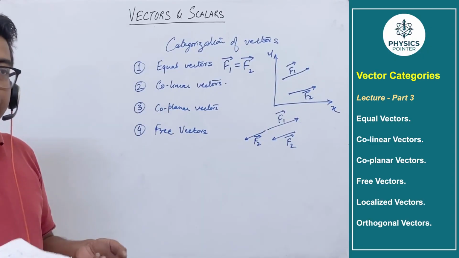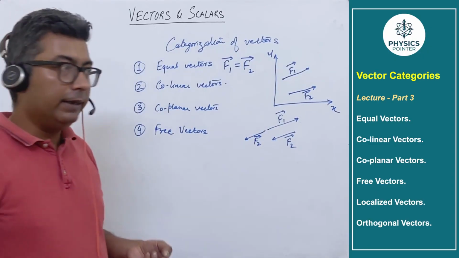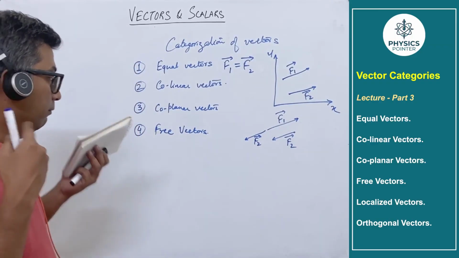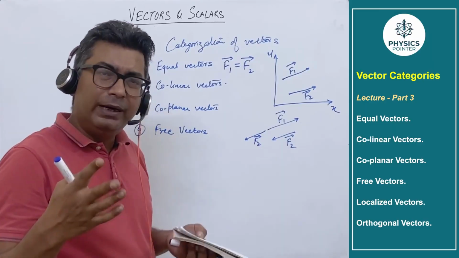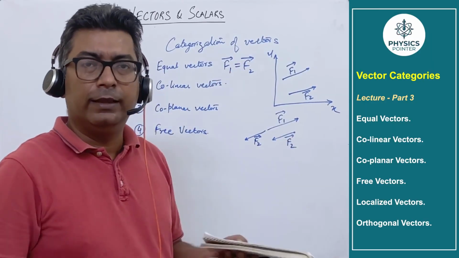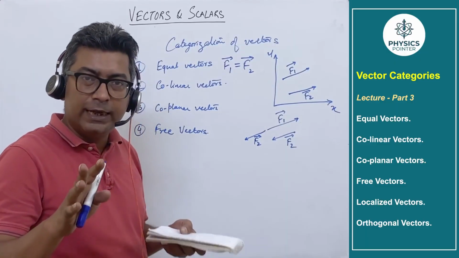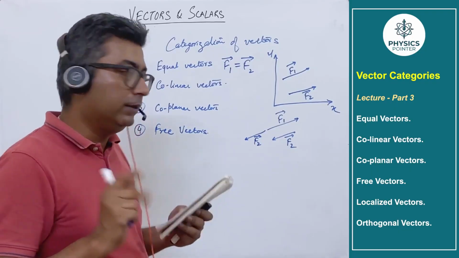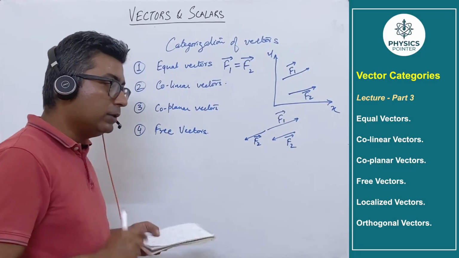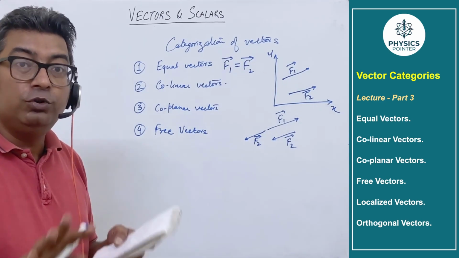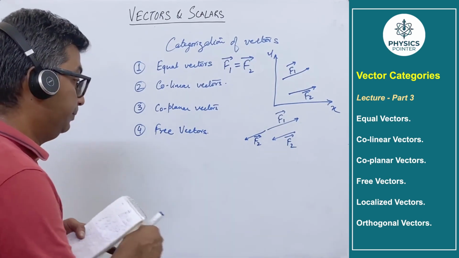Most of the kinematics variables that we will be using, for example velocity, acceleration, momentum, are all free vectors. You can move the origin here and there. The only thing you need to remember is don't change the direction and don't change the magnitude. So those are free vectors. They are free to move but not free to change the direction and magnitude.